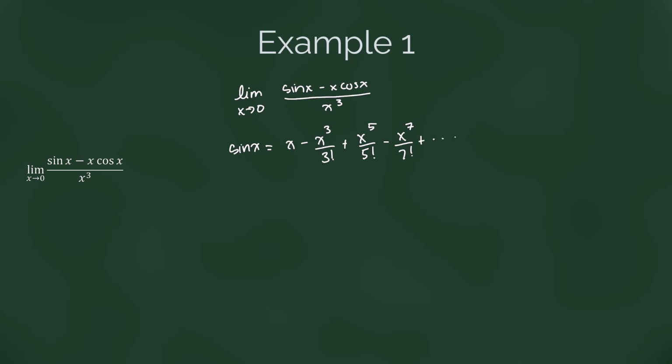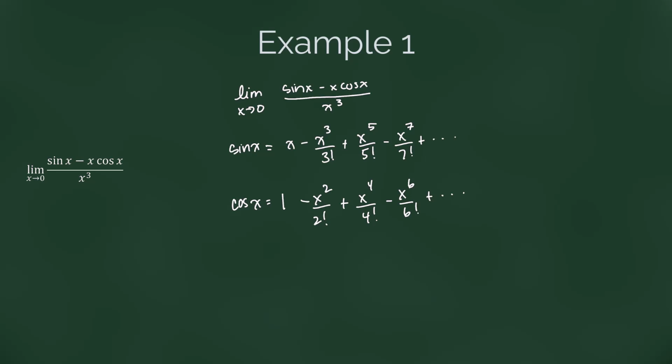Similarly, we can write the cosine of x as 1 minus x squared over 2 factorial plus x to the fourth over 4 factorial minus x to the sixth over 6 factorial, and so on.